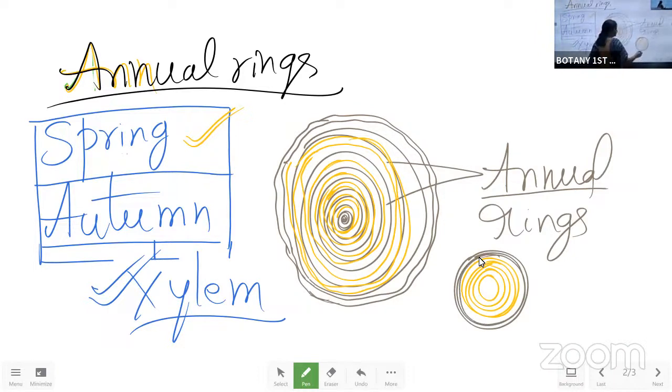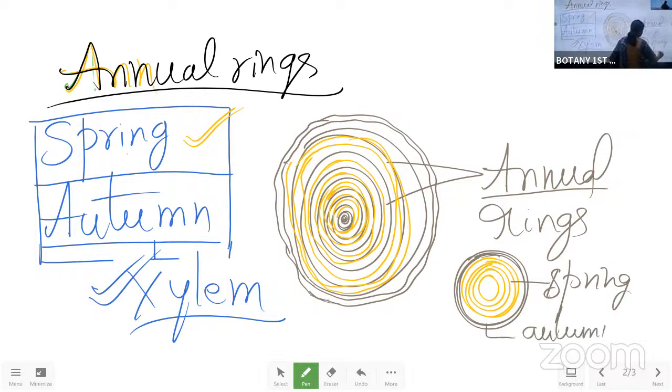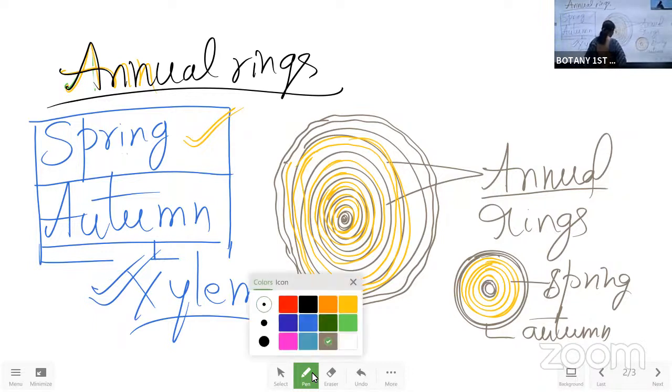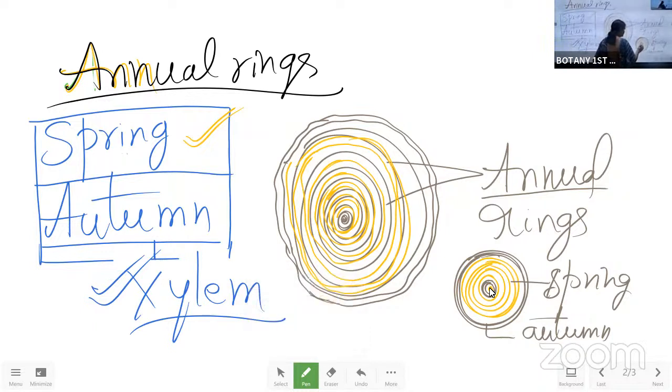The light colored rings are the spring season and the dark is the autumn, the unfavorable one. Again the dark colored rings will occur, again the light colored rings. Like this, light, dark, light, dark, light, dark.